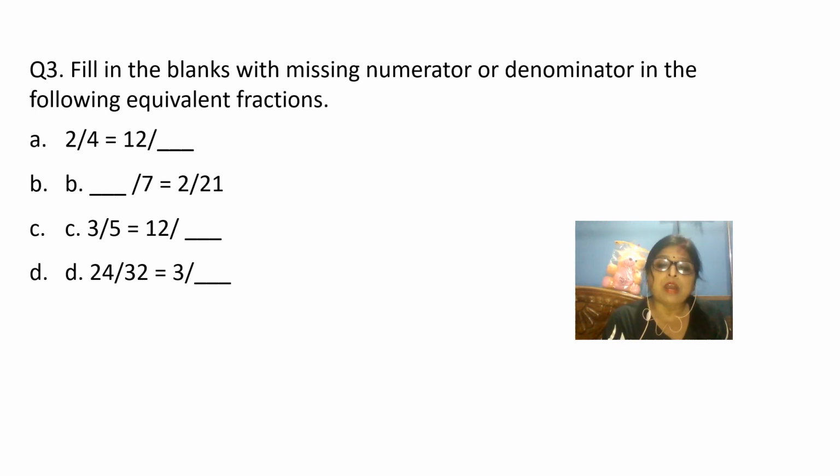It means you have to find the higher order equivalent fraction. So when you multiply 2 by 6, then it is 12. So the denominator will also be multiplied by 6 and so the missing denominator is 24. So the answer is 12 by 24. In this way, following the process, you do the following sums.